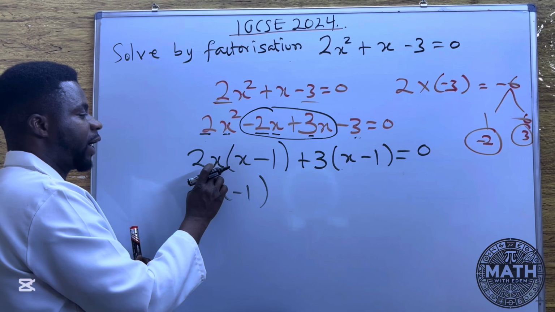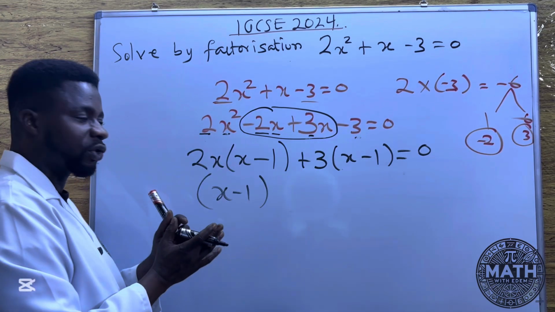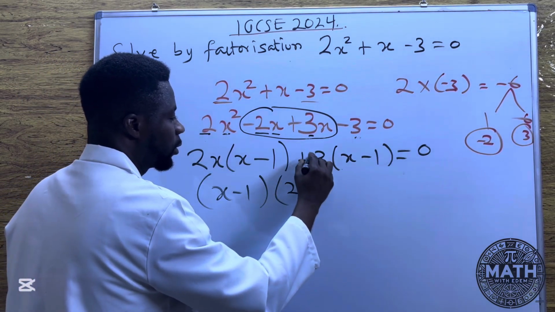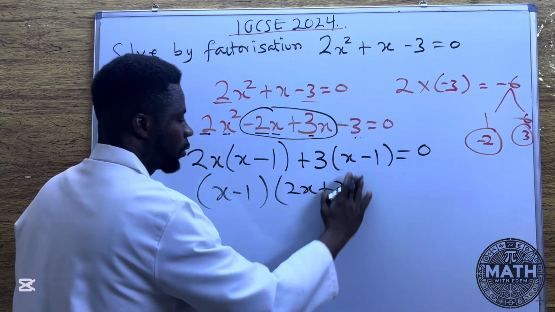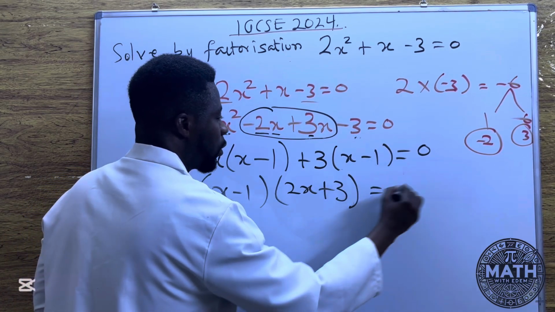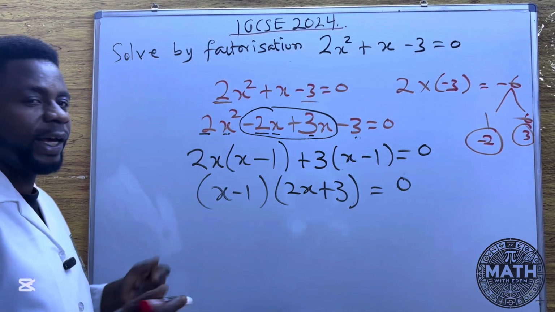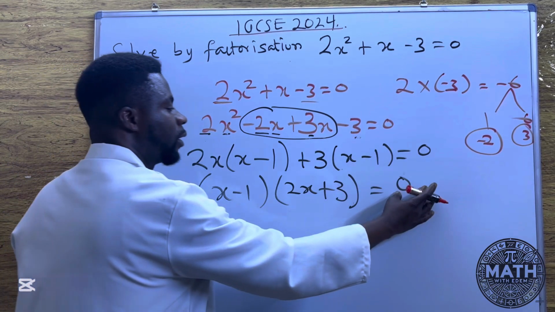Here we have 2x, and here we have 3. We keep these in another parenthesis. So we have 2x plus 3, all equal to 0.